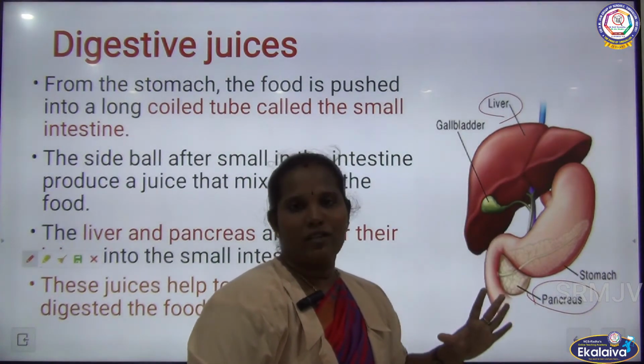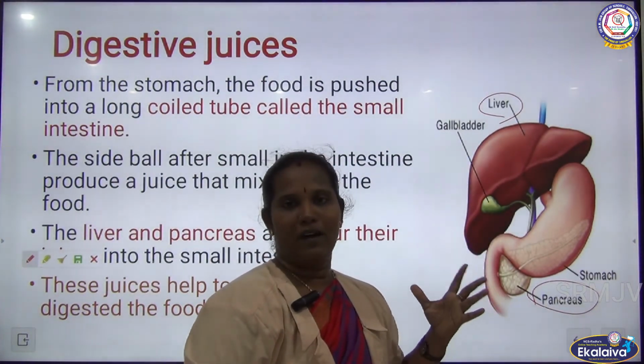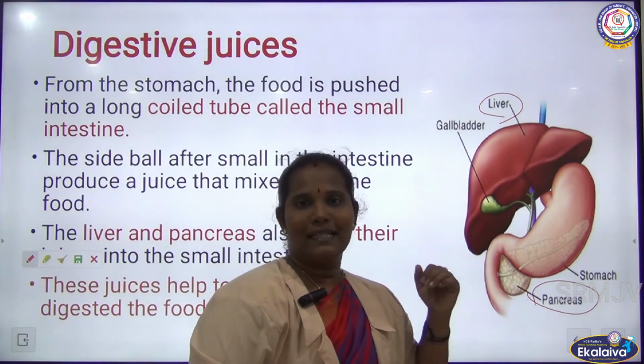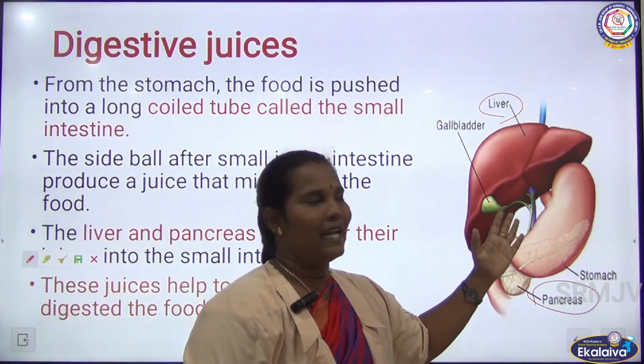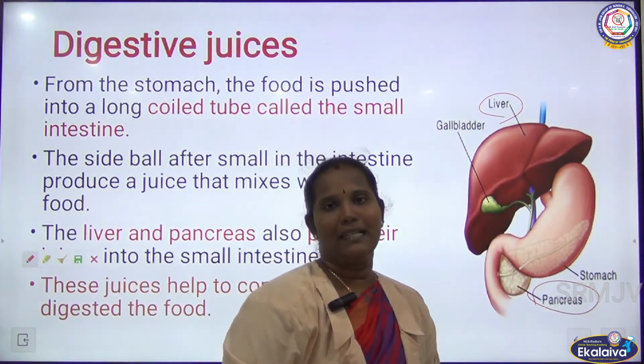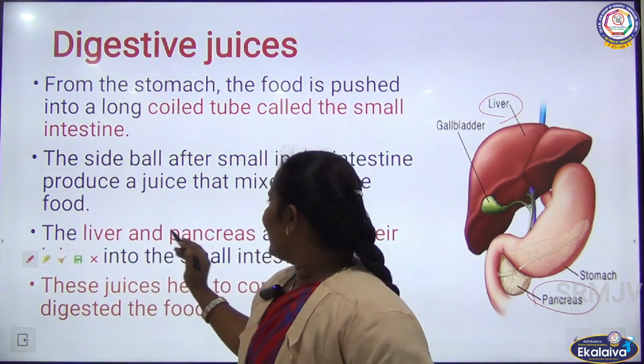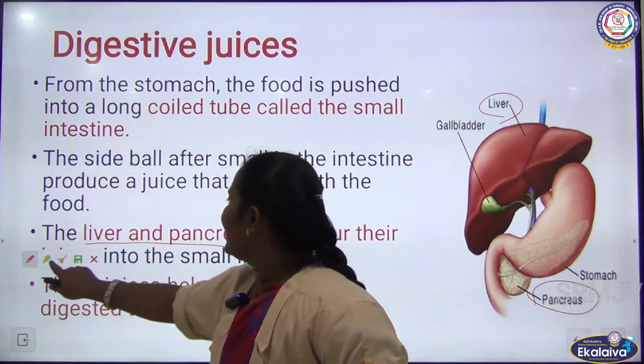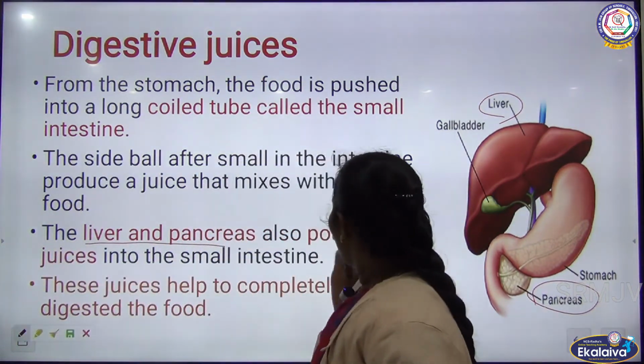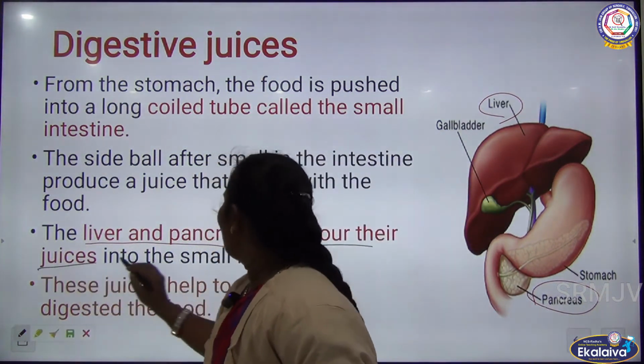They help in the digestion of fat, fatty acids, and cholesterol. So the liver and pancreas pour their juices into the small intestine.